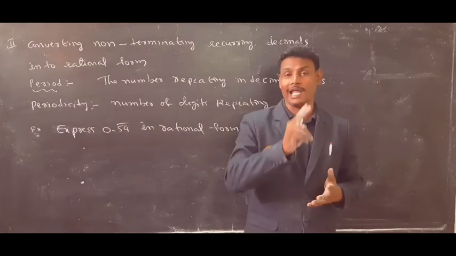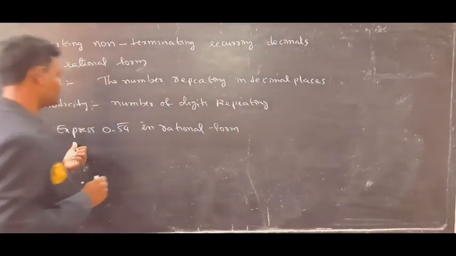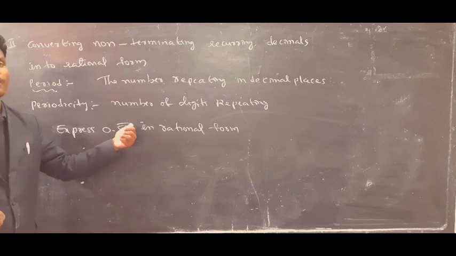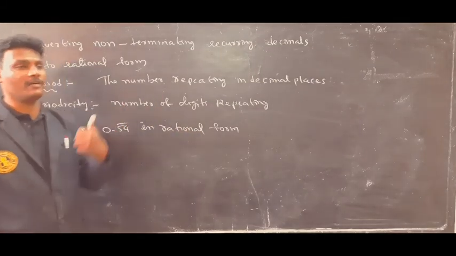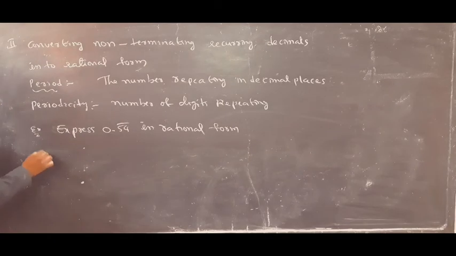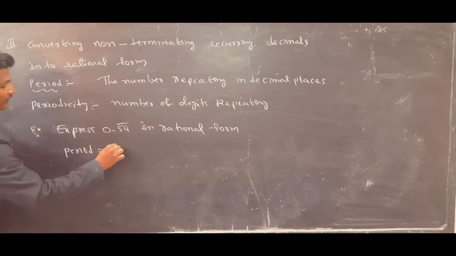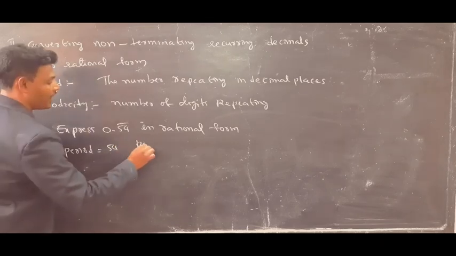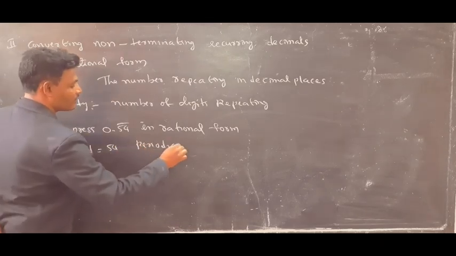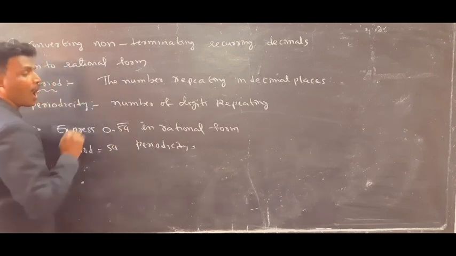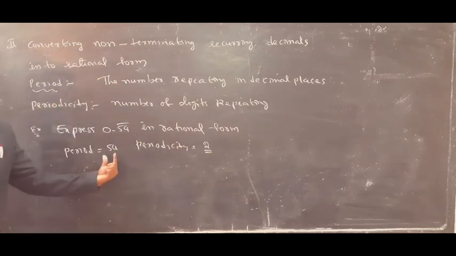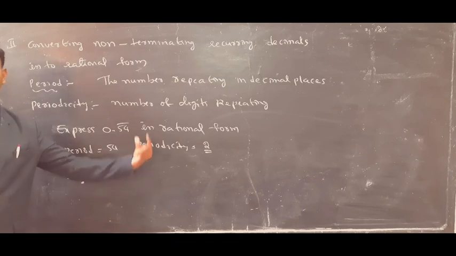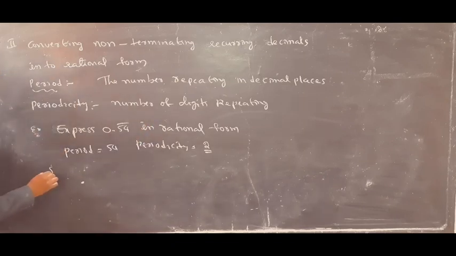Here is the question. Listen well. Express 0.54 bar, where bar indicates the repeating part, in rational form. In this, first, what is the period? The period is equal to 54. Then the periodicity. Under the bar, how many numbers are repeating? 2. So here the period is 54 and the periodicity is 2. Solution.